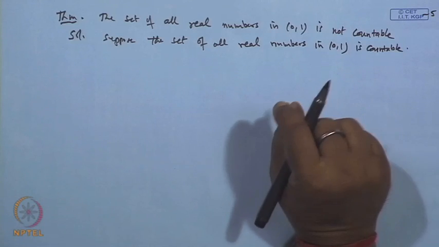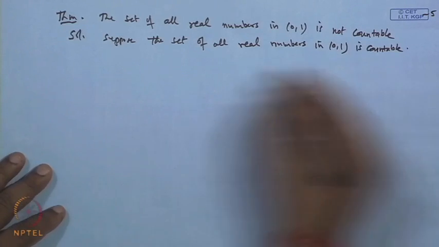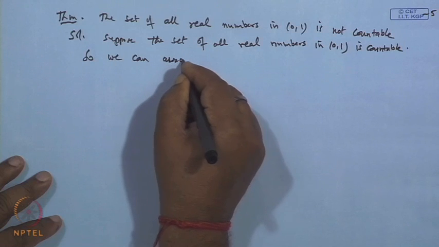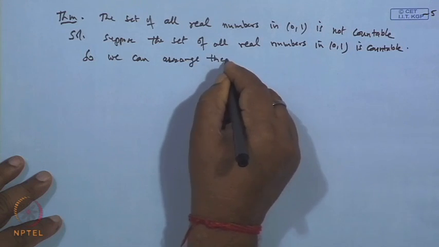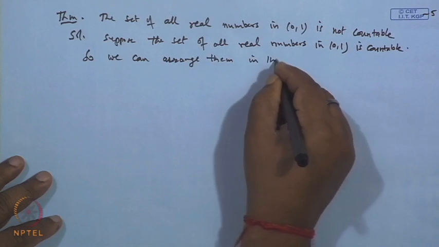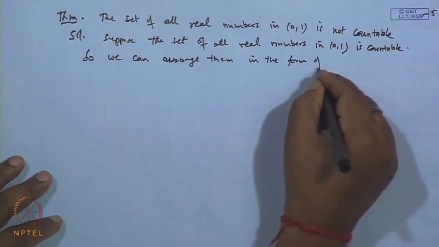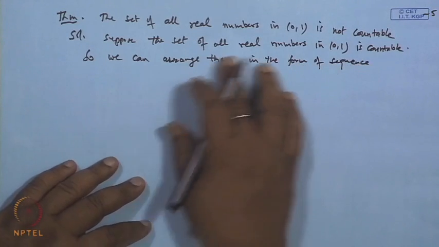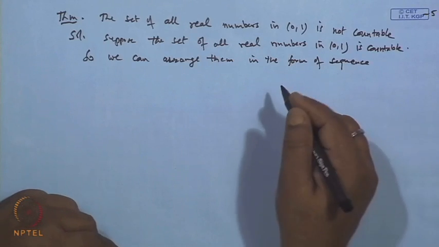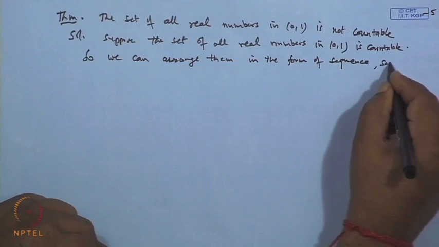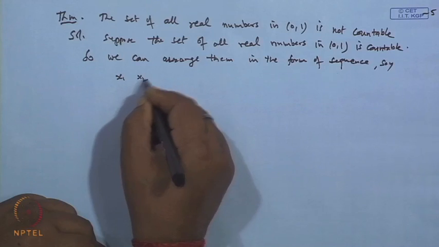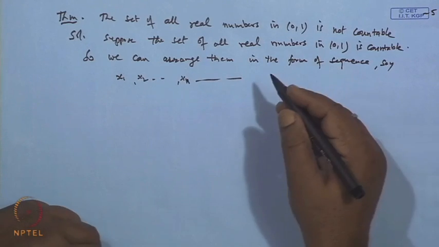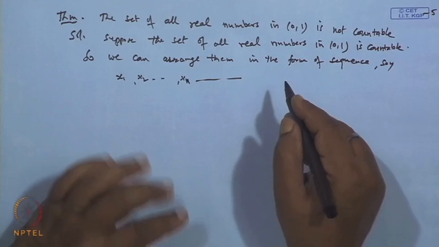So, once it is countable, we can arrange the elements of this set in the form of a sequence. Say x 1, x 2, x n and so on, because they are infinite numbers. So, we get an infinite sequence.